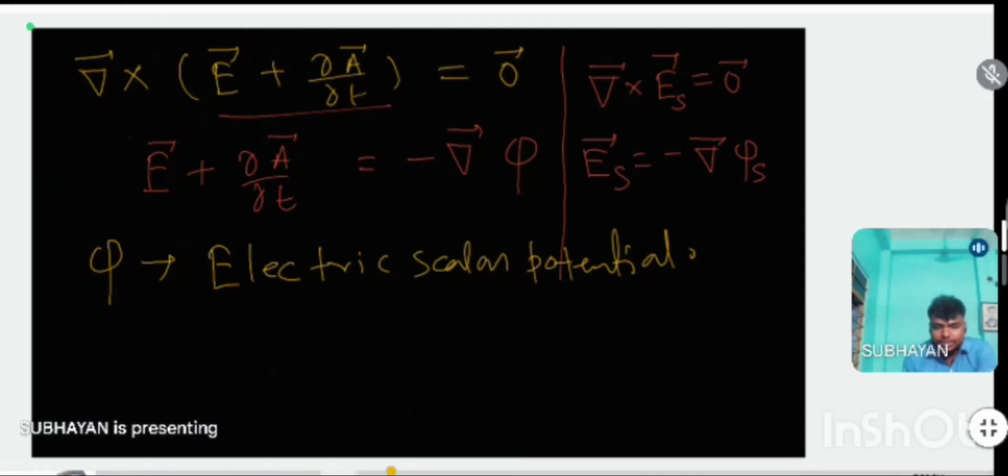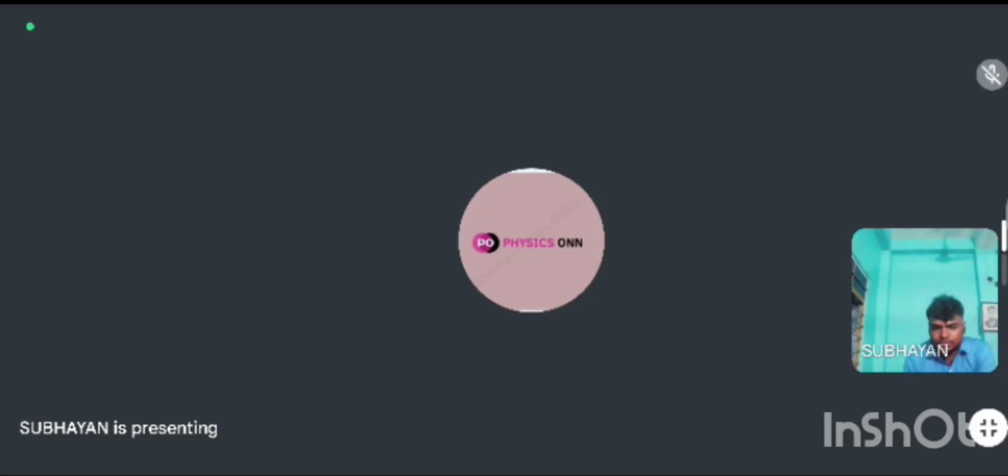So E is equal to minus of grad phi minus of del A by del T.